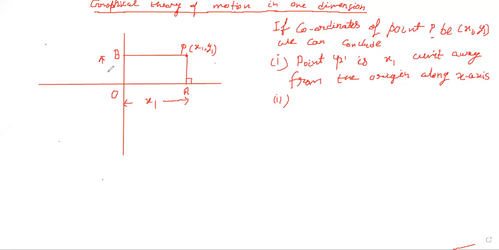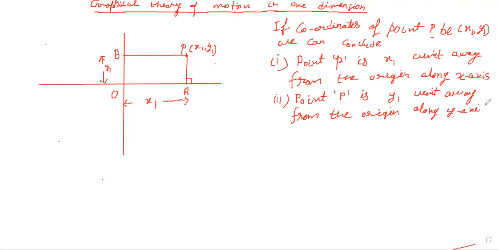B is y1 unit away from the origin along the y-axis, but we are discussing P. So similarly, point P is y1 unit away from the origin along the y-axis.